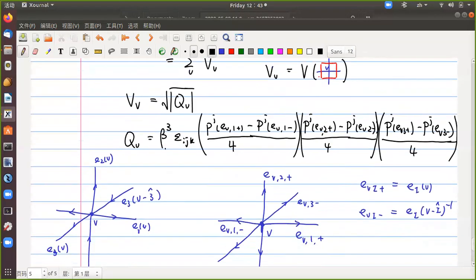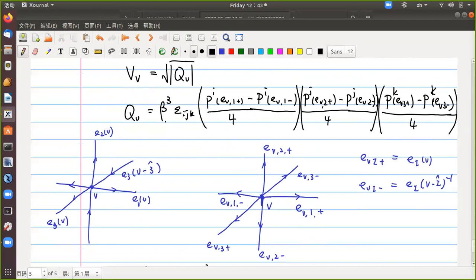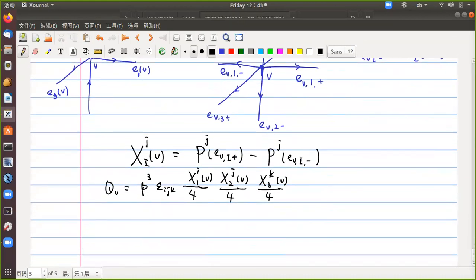Well, probably I missed the I j k. So here it is still Einstein summation over I, j, and k. Okay, so this is the expression for Q, and the discrete volume at vertex V is just the square root of the absolute value of Q.